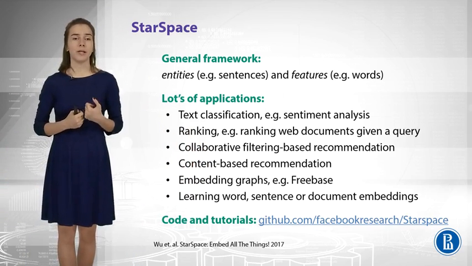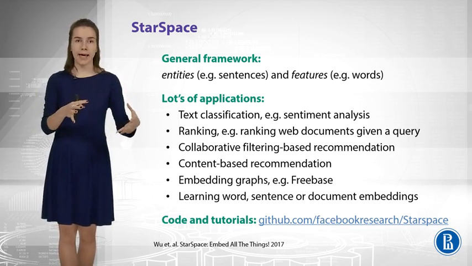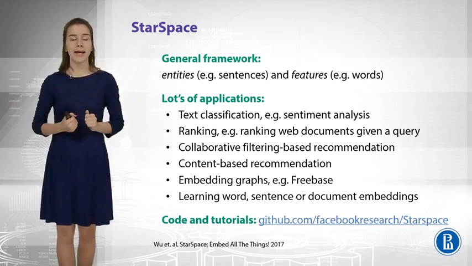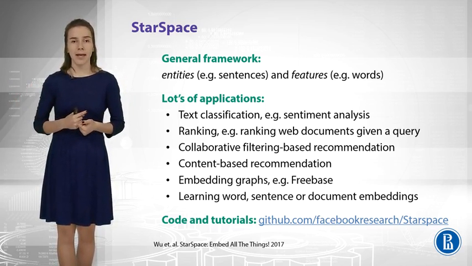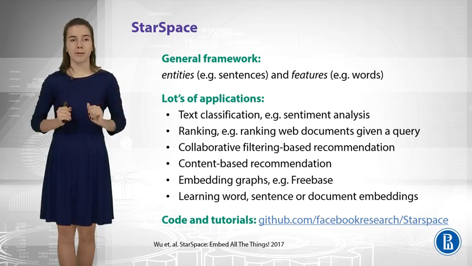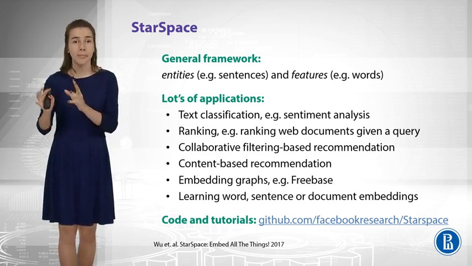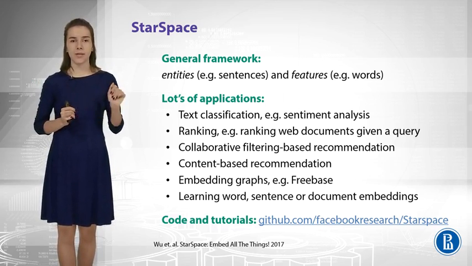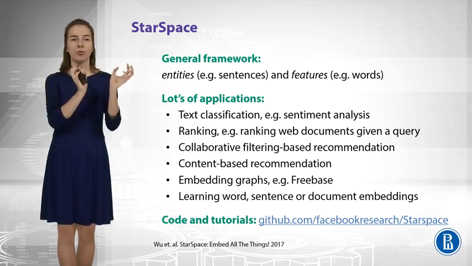Another example would be the document classification problem. There you have documents as a bag of words, and you have labels, for example, sentiment labels. And these are rather simple entities that are represented by a singleton feature, the label itself. So in this application, you will try to learn to produce correct labels for documents.